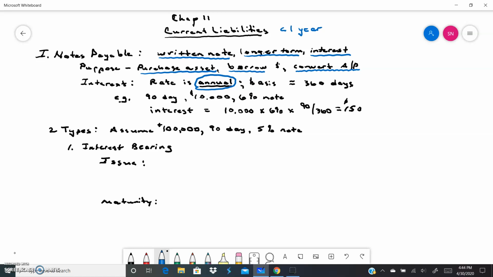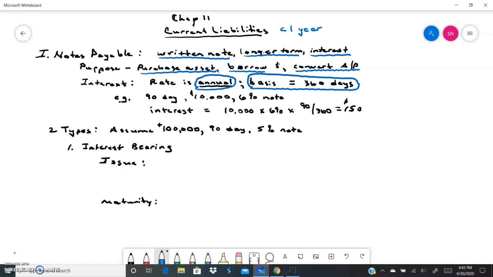So on a credit card, you're paying a 24% annual rate. That works out to be about 2% per month. But the rate that they're quoting you is based on an annualized basis, okay? And in terms of the annualized basis, from a financial point of view, financial calculations are all based on a 360-day year.